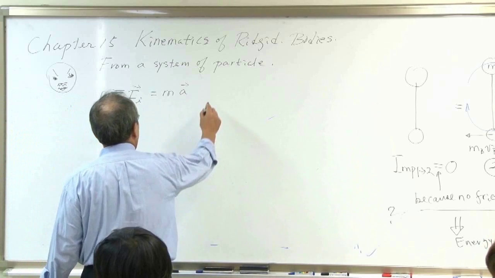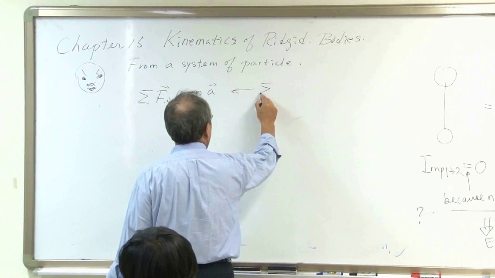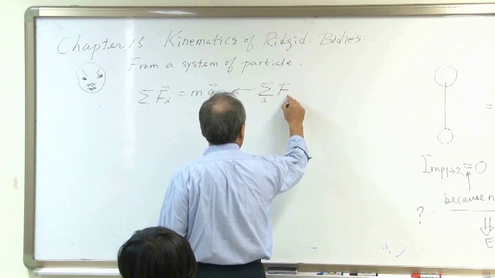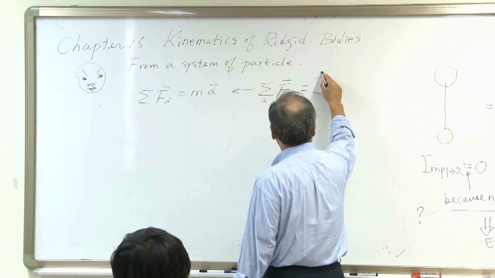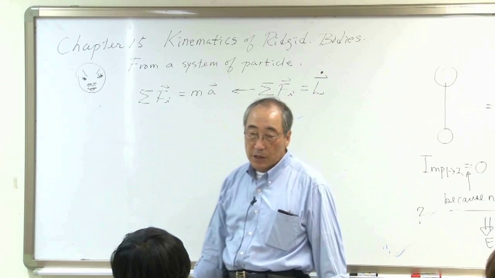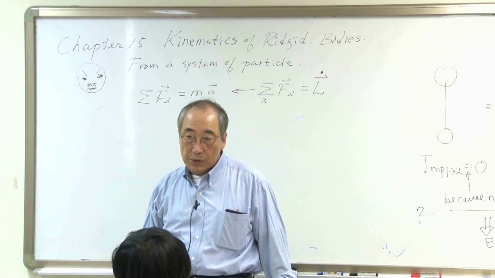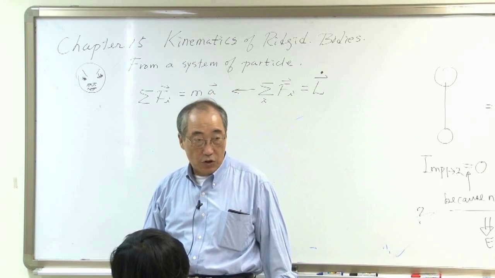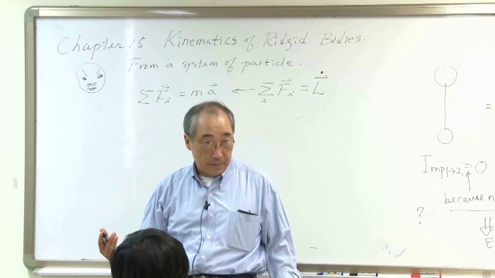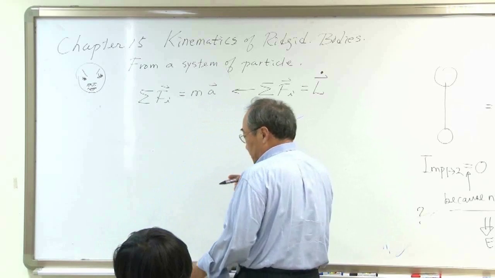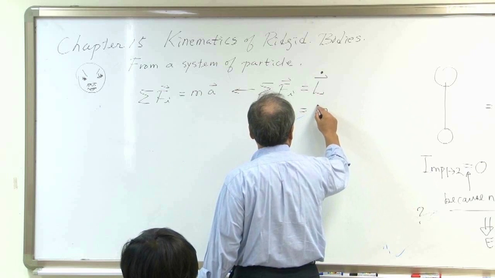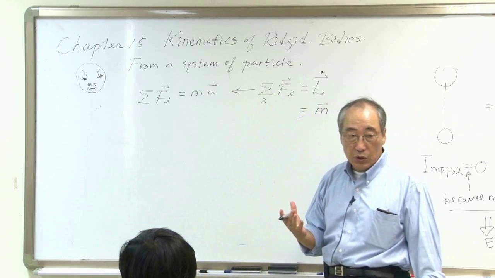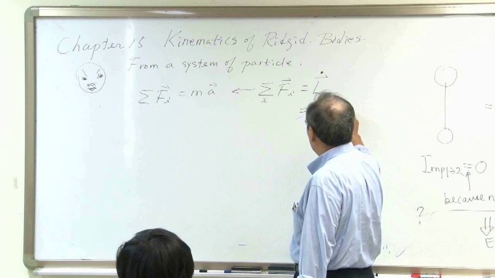Or in other words, this actually comes from linear momentum, the rate of change of linear momentum with respect to time for a system of particles. And we found that this is the same as m bar, which is the total system mass, times ag.